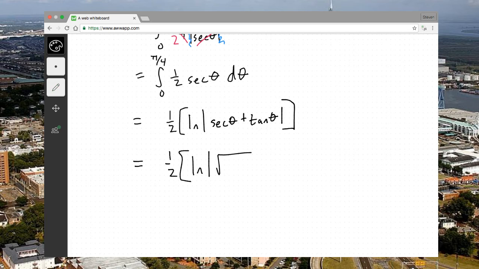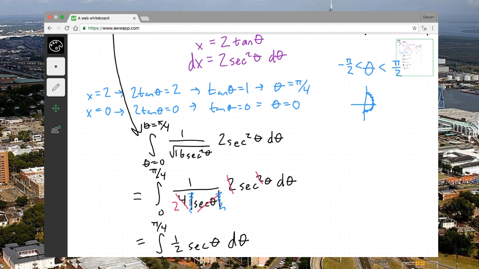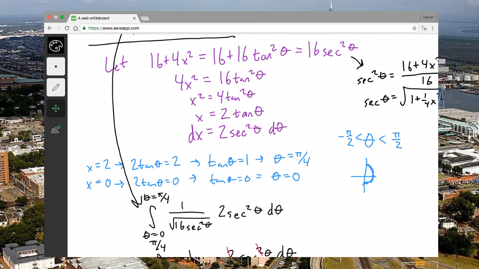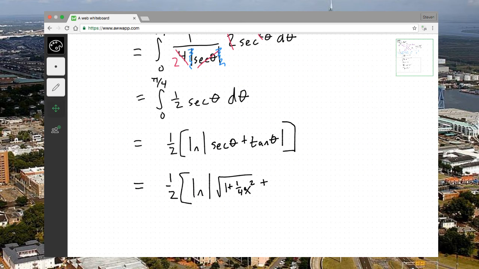Tangent, of course, being much simpler, from up here at the substitution step, tangent is just x divided by 2. So I can make that replacement as well. And that would be my general antiderivative, plus c.